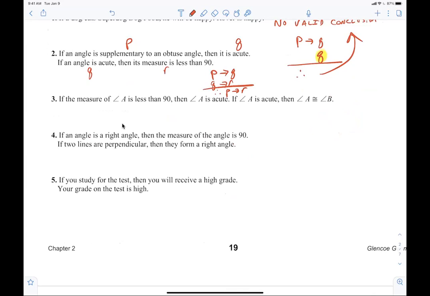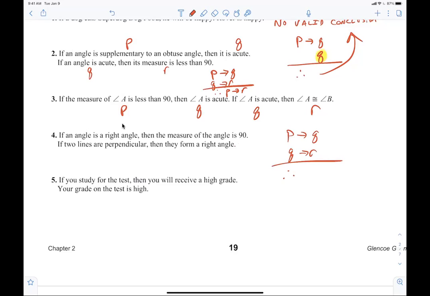If the measure of A is less than 90, P, then angle A is acute. If angle A is acute, then the measure of angle A is congruent to the measure of angle B. R. What are you thinking? So you see that? P to Q, Q to R. Therefore what?